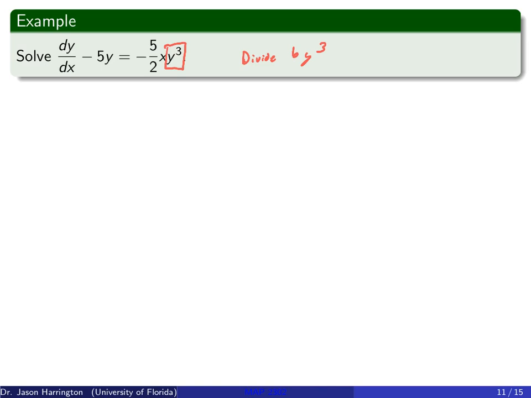Then you end up having y to the negative 3 times dy dx minus 5 over 2 times y to the negative 2, since there's already a y there, is equal to negative 5 halves x. And that's the first step that I do.